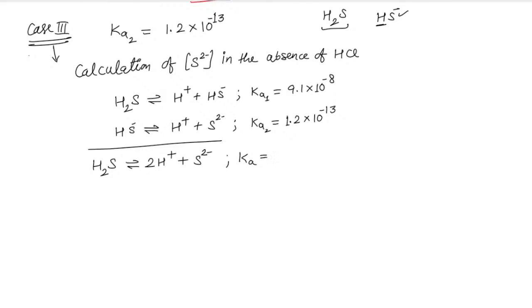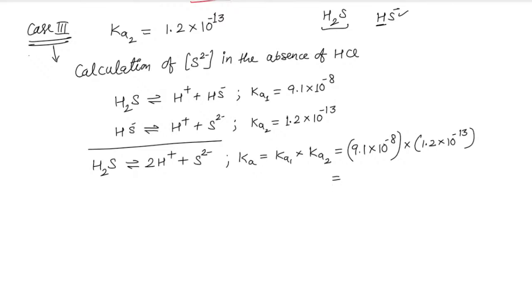So Ka equals Ka1 into Ka2. We are adding these two equations, so it becomes H2S giving 2H plus plus S2 negative. If equations are added, equilibrium constants are multiplied. So Ka will become Ka1 into Ka2. Ka1 is 9.1 into 10 raised to power minus 8, and Ka2 is 1.2 into 10 raised to power minus 13.